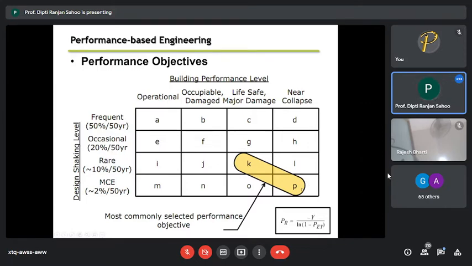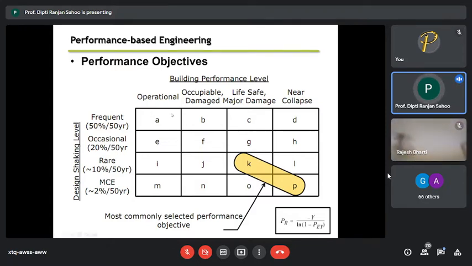That makes sense. Because for a very rare earthquake, we don't know whether the structure will ever experience that kind of earthquake, so why should I design for life safety? So this diagonal mostly represents the design objectives or performance objectives for commonly built ordinary structures.